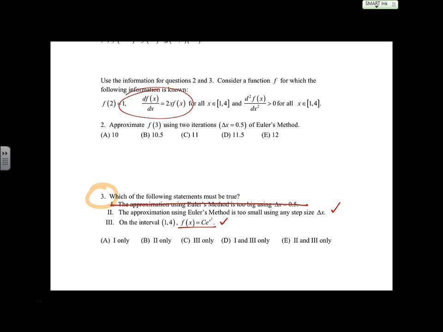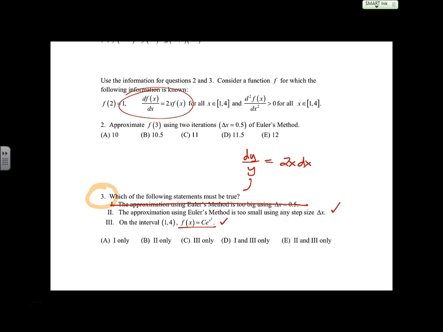So the way I would think about it is if I make f of x y, I would have dy dx equals 2x times y, and we have to integrate by dividing the y over and multiplying the dx over. It'd be dy over y equals 2x dx.